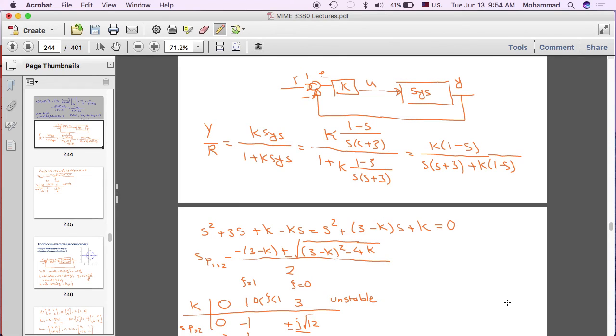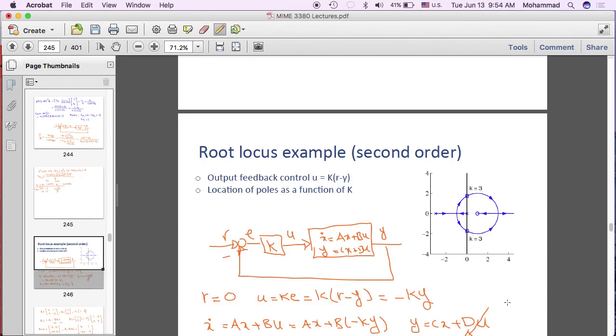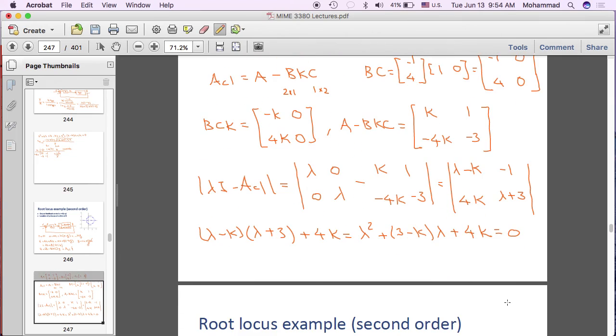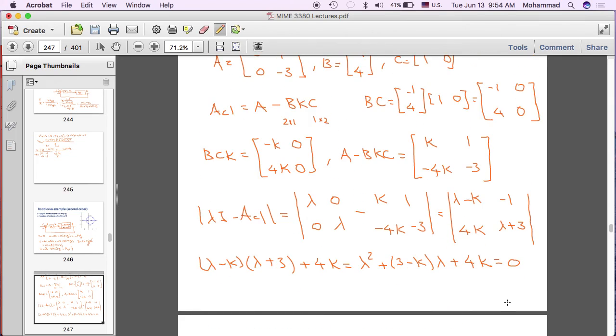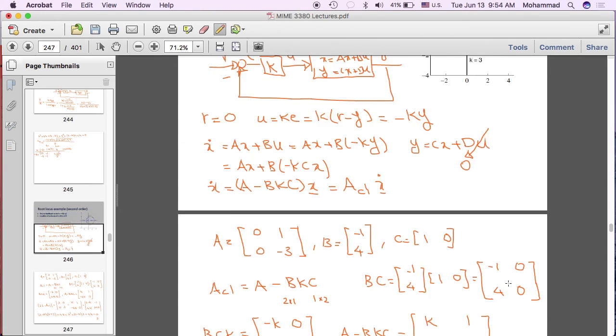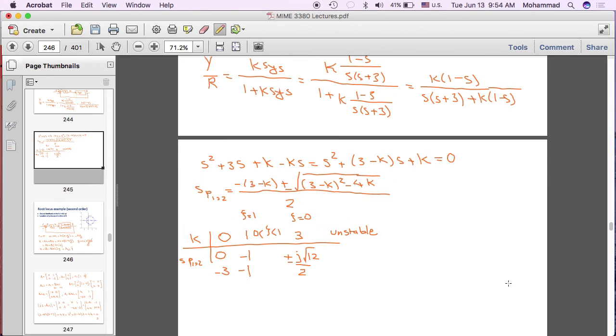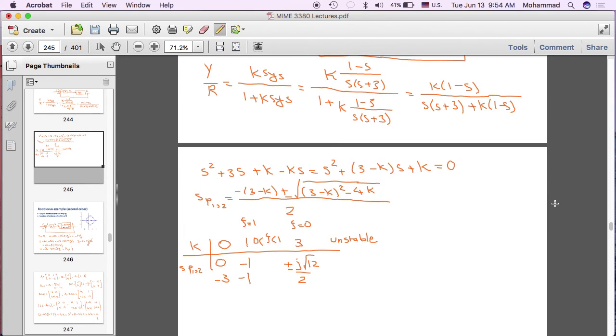Have you seen that polynomial elsewhere? The polynomial that we found is lambda squared plus 3 minus K lambda plus 4K. Let's call this equation 2, and let's compare it to equation 1 that we found through the transfer function route.